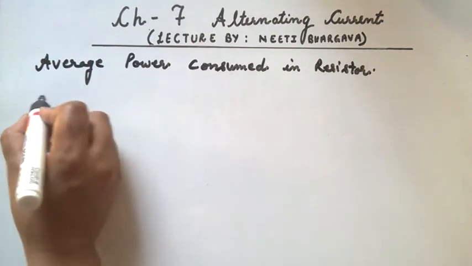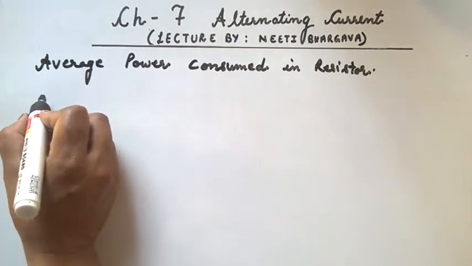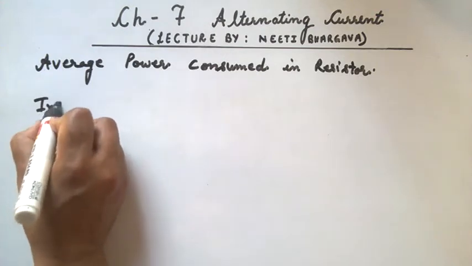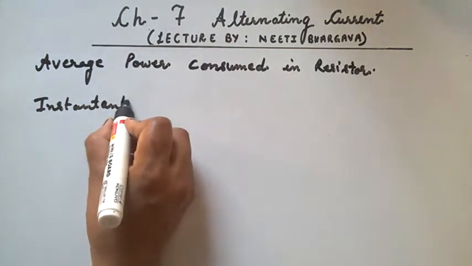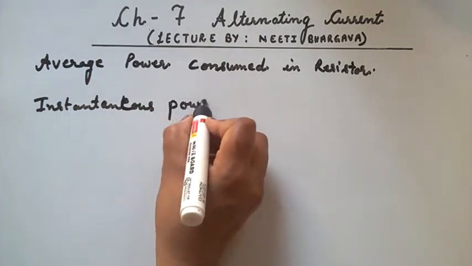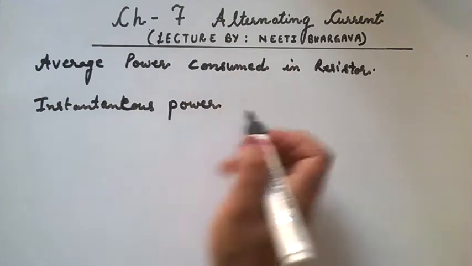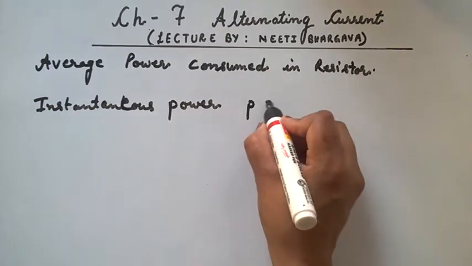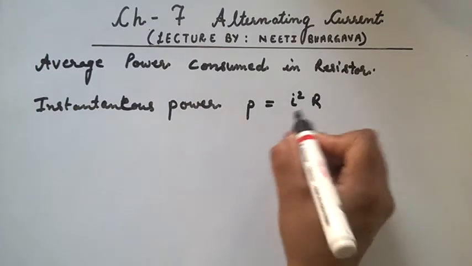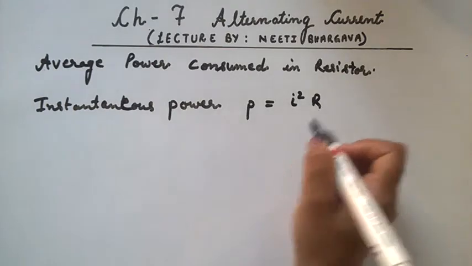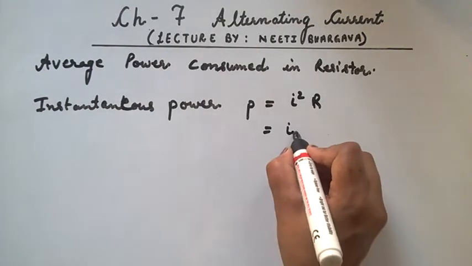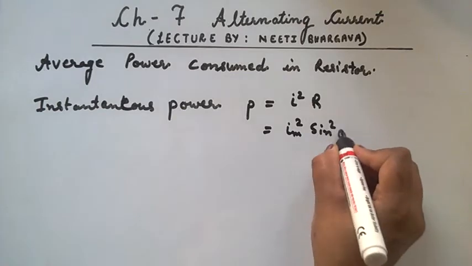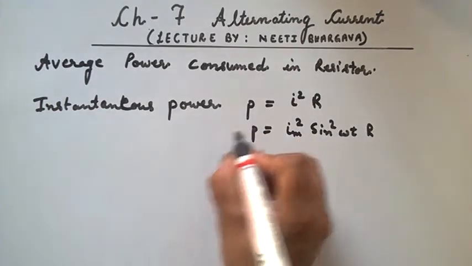We know the formula of power in terms of I and R: instantaneous power, that is power at an instant, can be written as small p equal to I square R in terms of current and resistance, and at an instant I is the instantaneous current, its value is Im sin omega t, that is Im square sin square omega t into R. This is the value of instantaneous power.